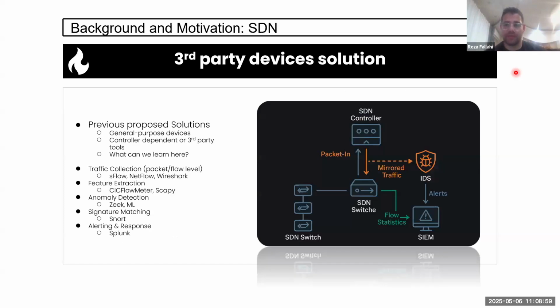And the second one is actually the intrusion detection systems and SIEM systems. And of course, you know that these are, again, vendor specific. So it's something like going back toward the traditional architecture somehow. And of course, you're giving out some kind of information from your network to these type of devices.